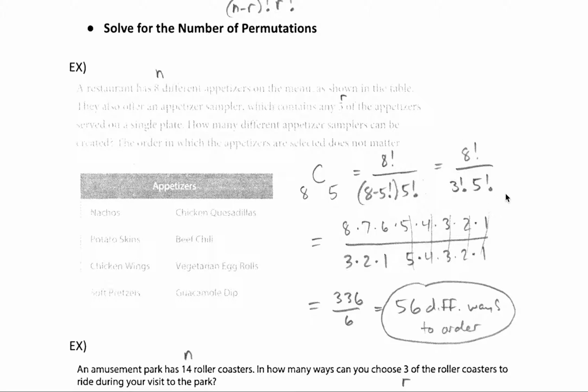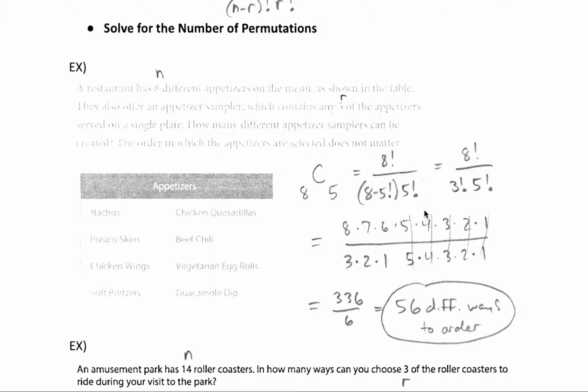We're going to cancel some like factors, or common factors, that are on top being divided by the bottom. If it's 8 factorial, then we're multiplying 8 by everything underneath it. 5 factorial would be similar in that it's 5 times everything underneath that. We'll notice that we have some similar factors here from 5 below.